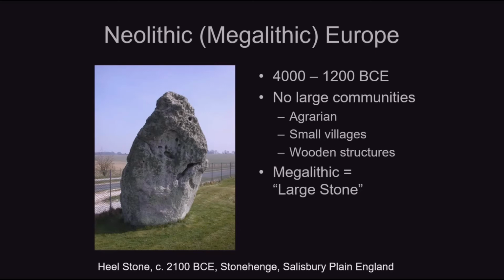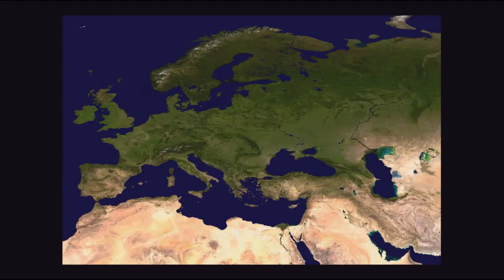We also call this period the megalithic period. And so if Neolithic means new stone, megalithic means large stone or big stone. And it is the defining characteristic of these cultures that they have this overwhelming compulsion to erect mammoth monoliths, just single blocks of stone. Most of this is going to be happening in this region, in the British Isles, in France, and in Spain.